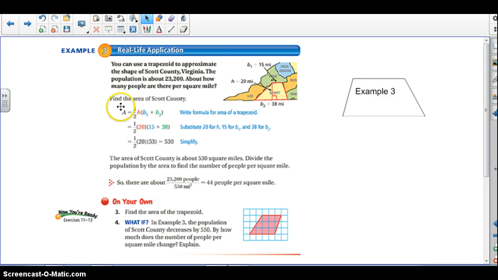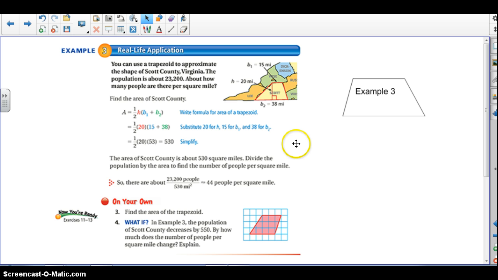So you have to write out the formula for the area of a trapezoid. Place in all the variables, figure out the answer. Now, what this gives you is the complete area of Scott County. So the area is 530 square miles.